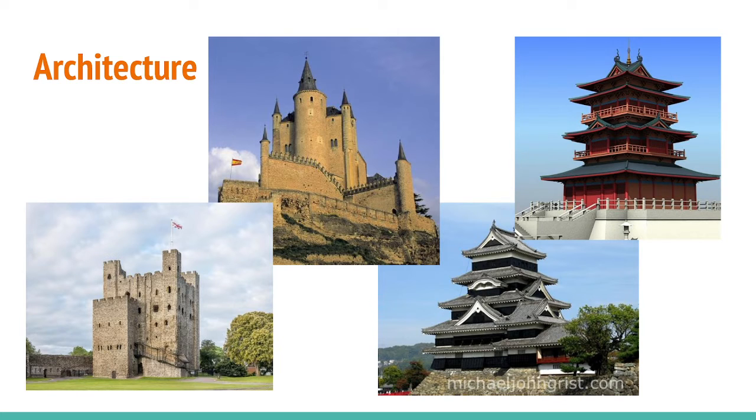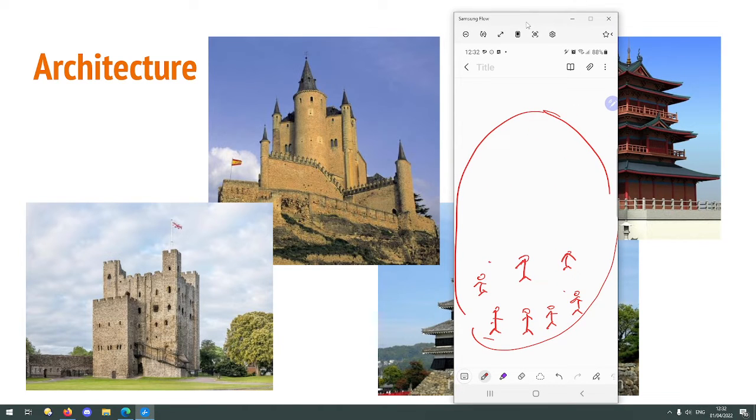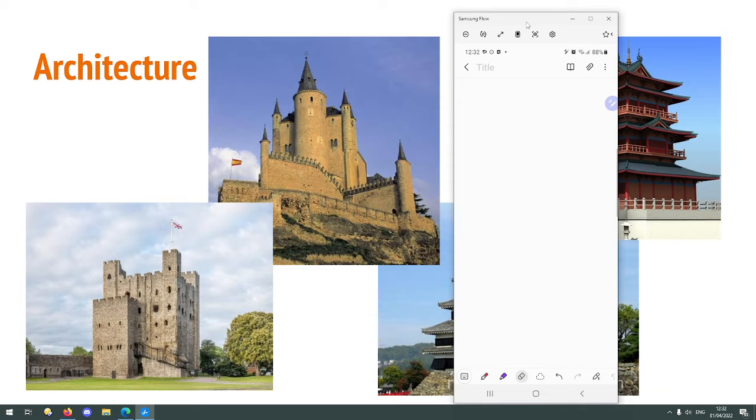Let me just bring this around and give you an example of it. So when you have a castle, an enclosed walled space that people cannot get in, this is your safe space in a military sense.